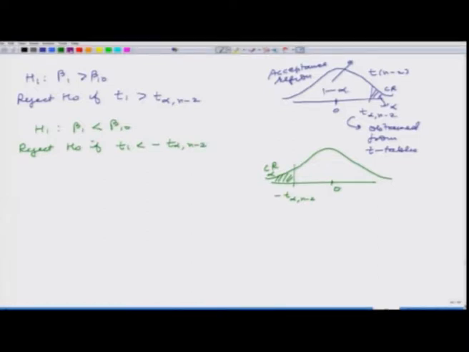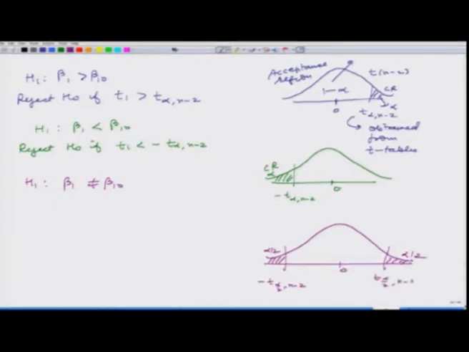The third case will be of H1: beta 1 not equal to beta 1 naught, right. In this case again the t distribution will have critical region on both the sides of size alpha by 2 and alpha by 2, and this will be the value minus t alpha by 2, n minus 2, and this will be the value t alpha by 2, n minus 2.